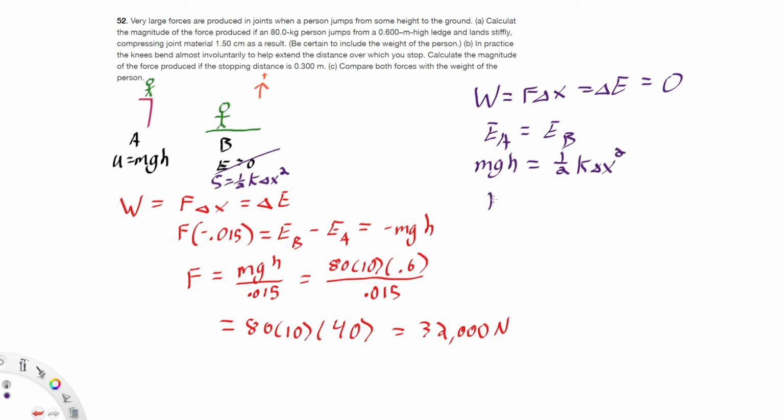The information that we get out of this analysis, even though it's exactly the same situation, is not the force exerted by our bones, but the spring constant of our bones.